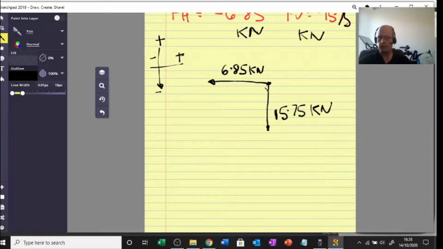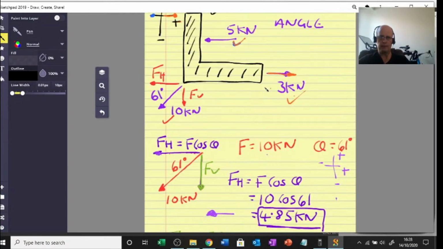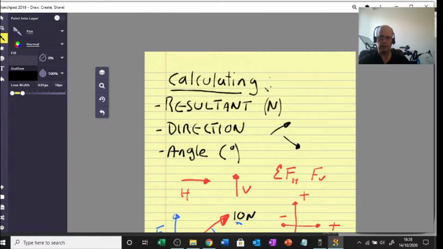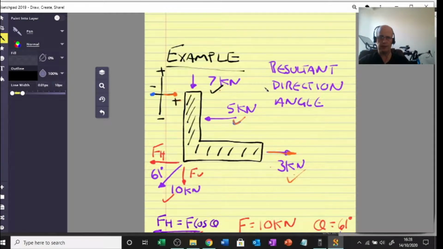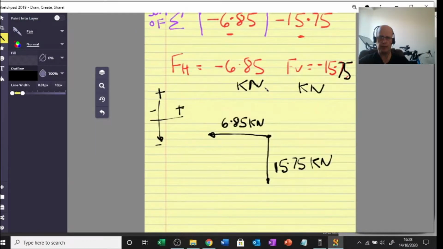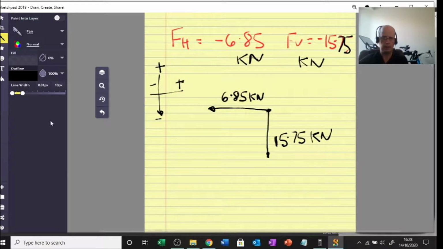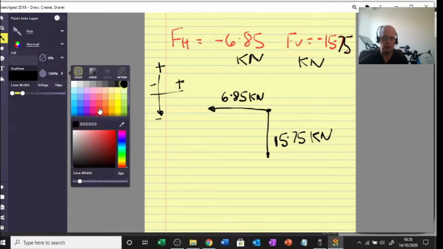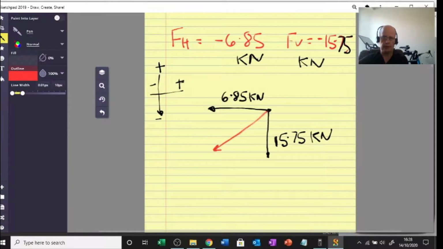So all that means is that this thing here is going to be forced down. It's going to go down something like this, and it's got to come down like this, isn't it?